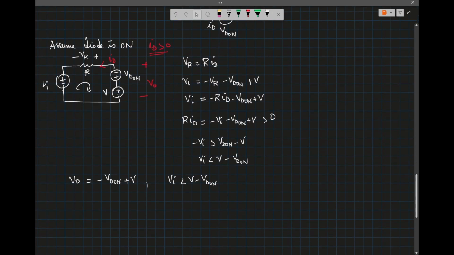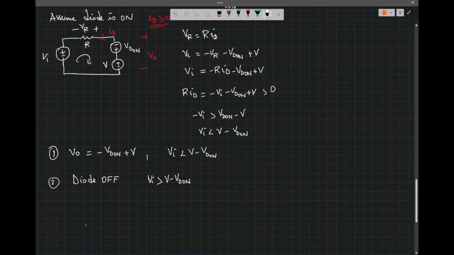Now that's one. Number two, the diode will be off. When the diode is off, VI must be bigger than V minus VD on. So what is the output voltage? I'll sketch the network.